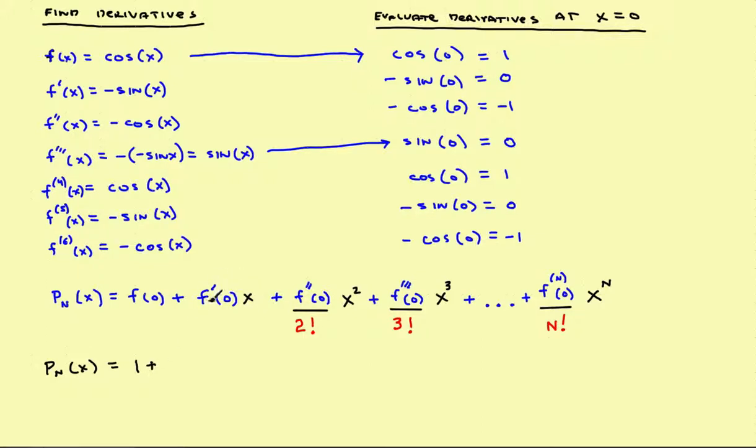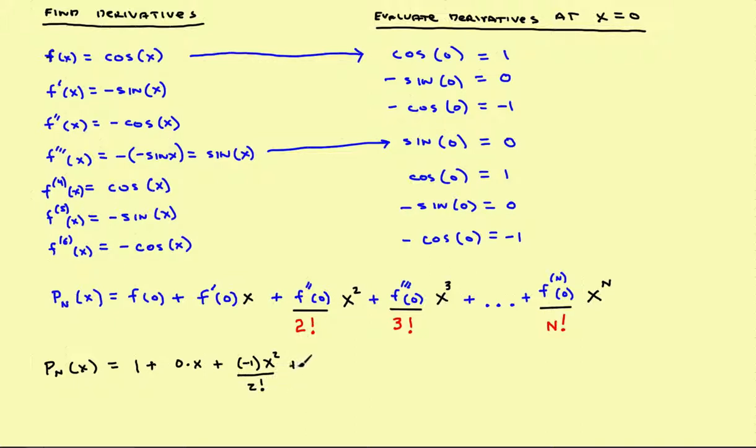Then you want the first derivative at 0. Well, that's 0. So it's going to be 0 times x. Then you want the second derivative evaluated at 0. Well, the second derivative would be negative 1. So this is going to be negative 1 times x squared. And then don't forget, though, the factorial. Easy thing to forget, do factorial.